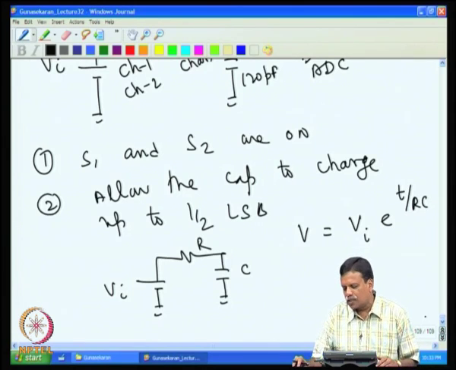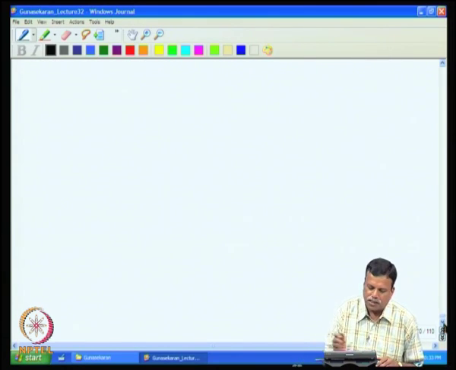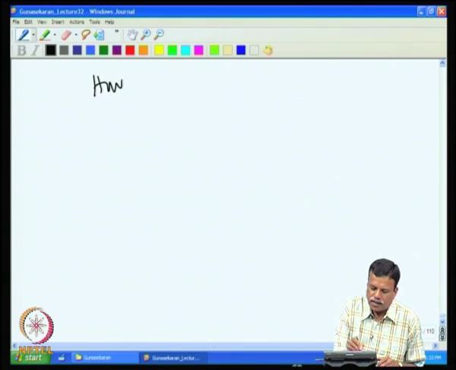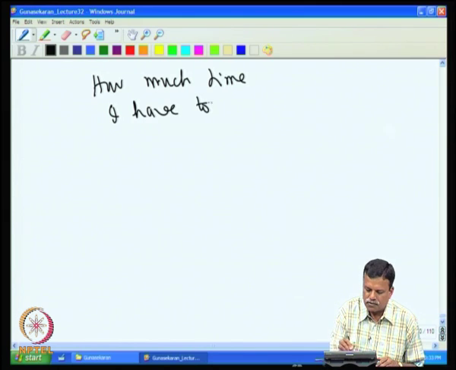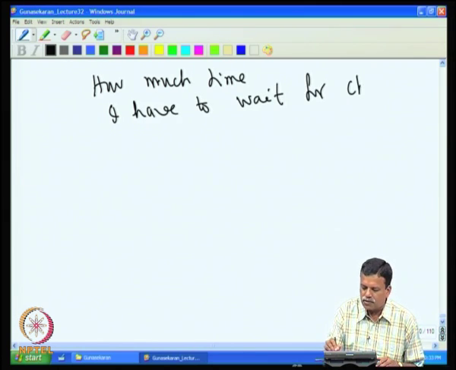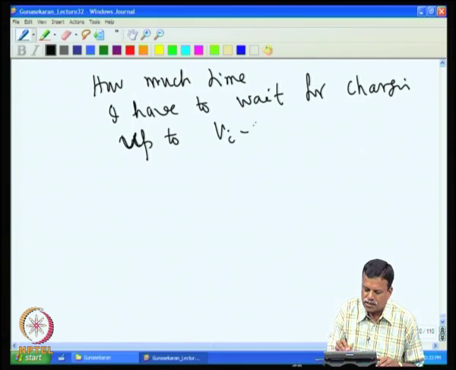Then the question is how much time I have to wait in the sample mode. I have to wait for charging up to VI minus half LSB.